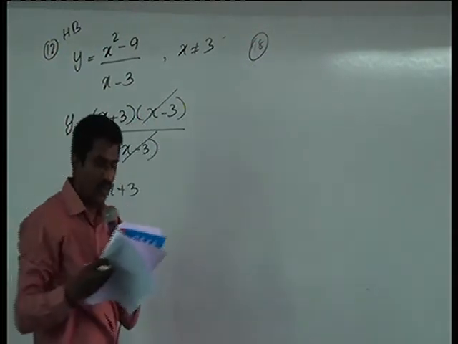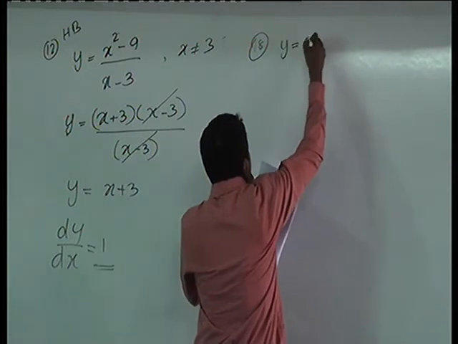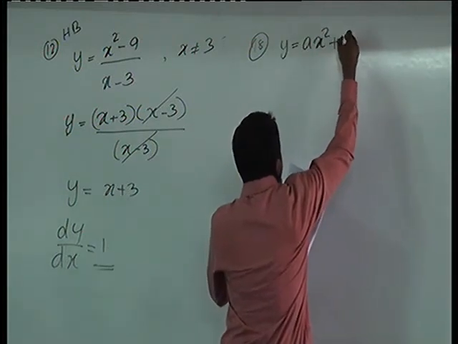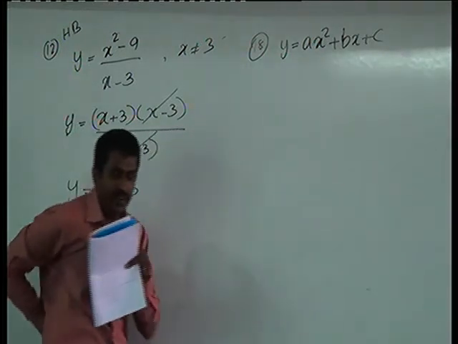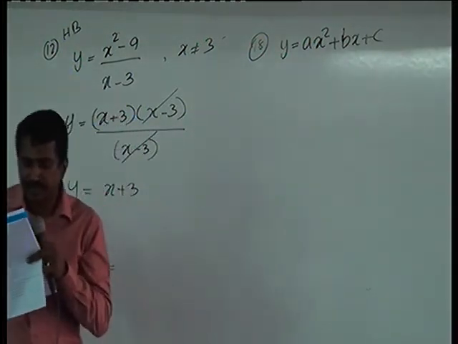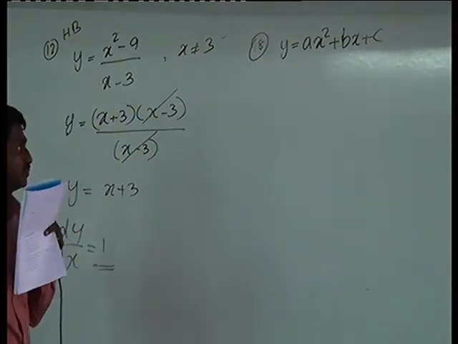So y is equal to ax squared plus bx plus c, the standard form of a quadratic equation.